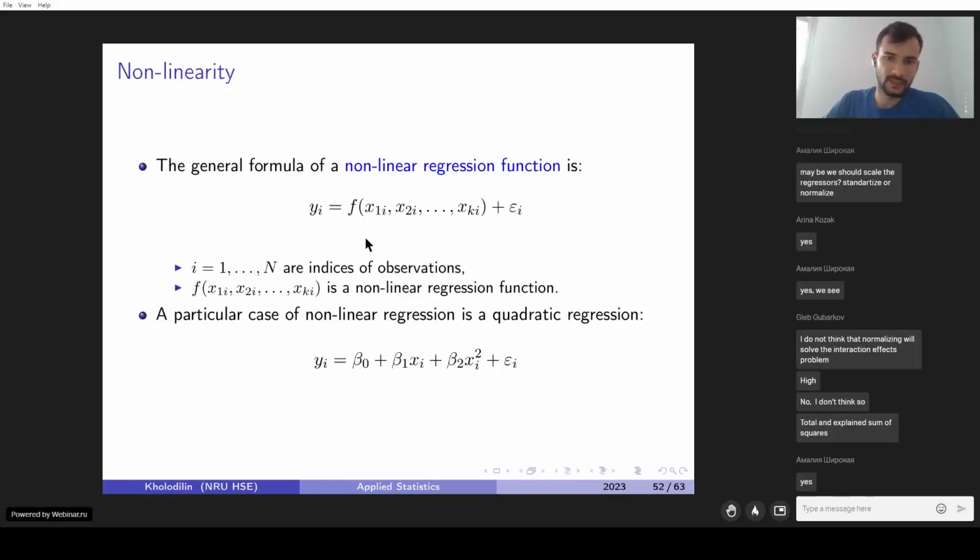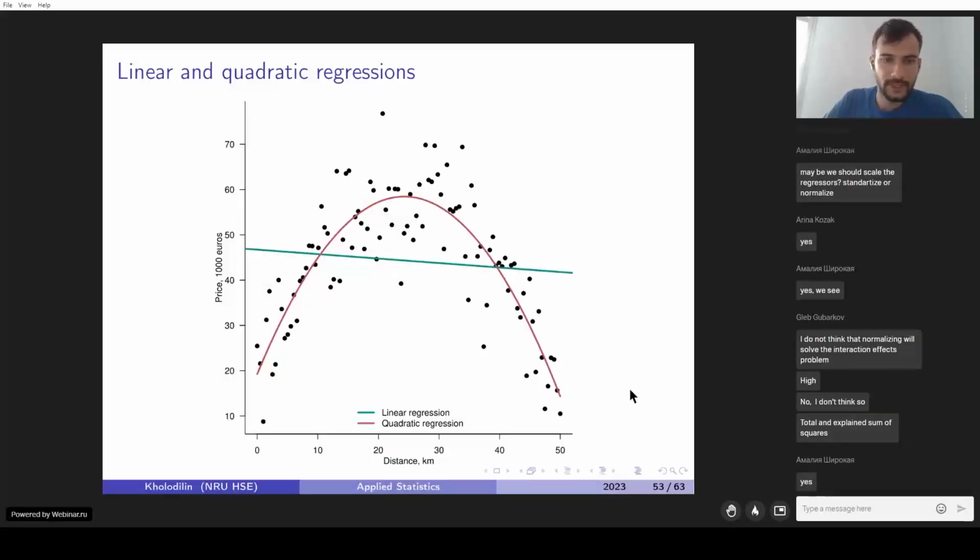The closest example is a quadratic model, where you have xi and xi squared. Then you estimate these parameters with OLS, and you can see that the quadratic model fits the data much better.